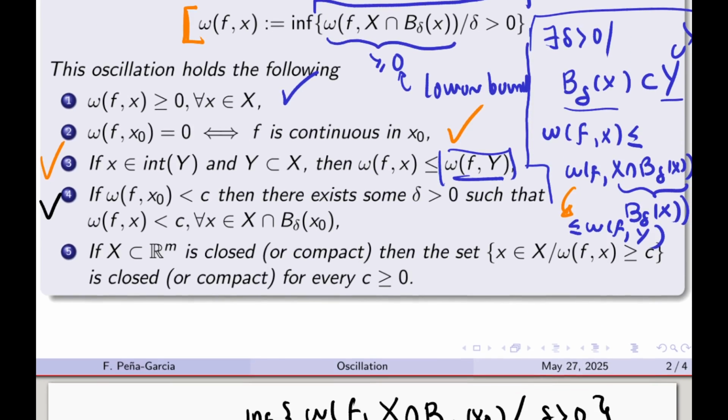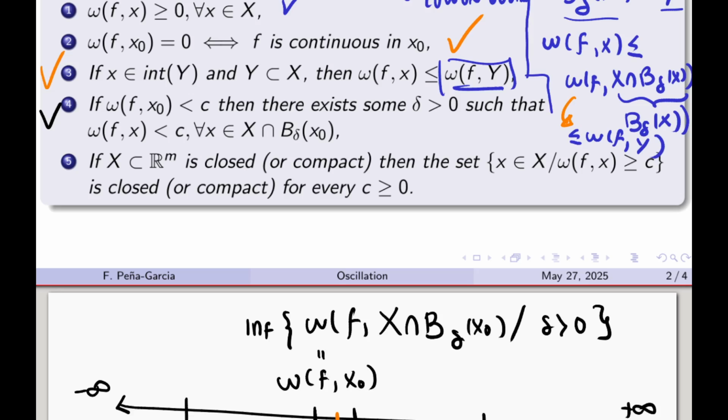And last but not least, the fifth property tells us that if the domain is closed or compact, then this set here is also closed or compact for every non-negative c. So let's analyze that here.